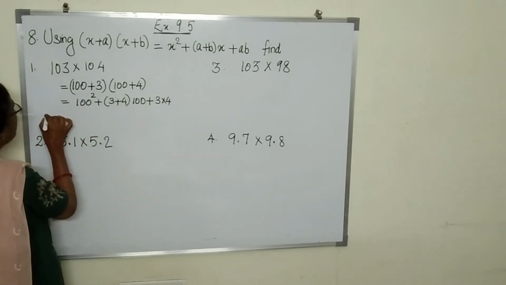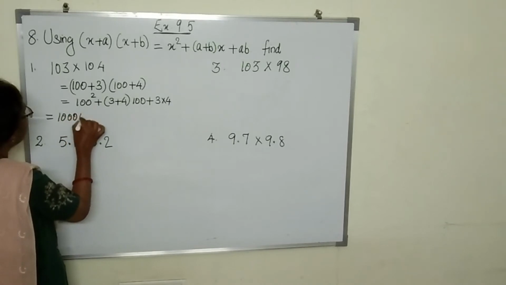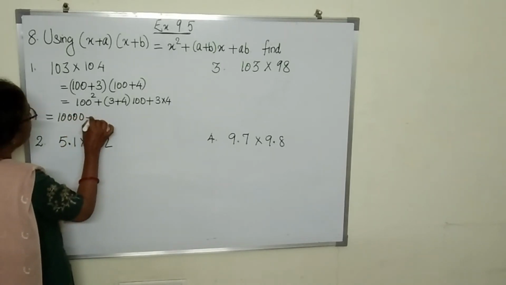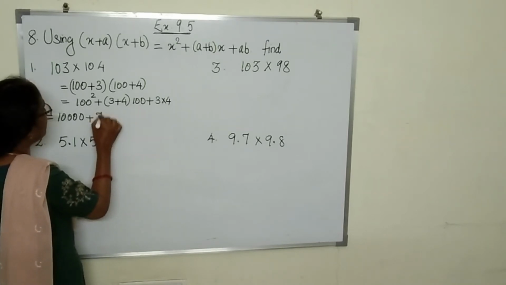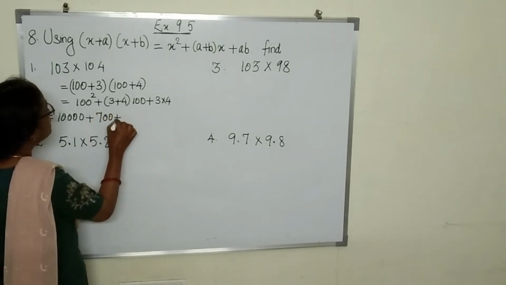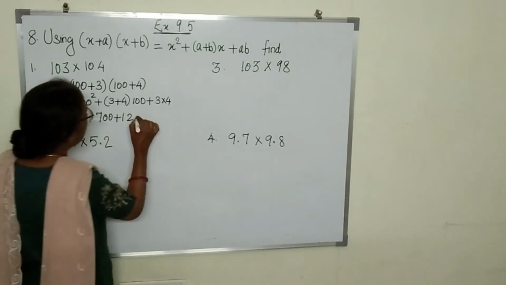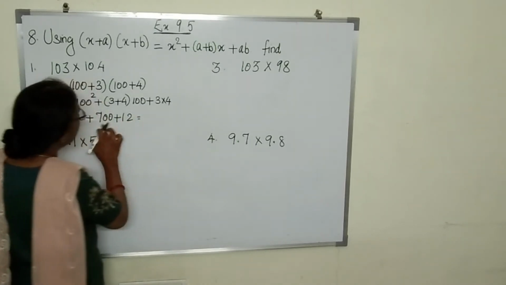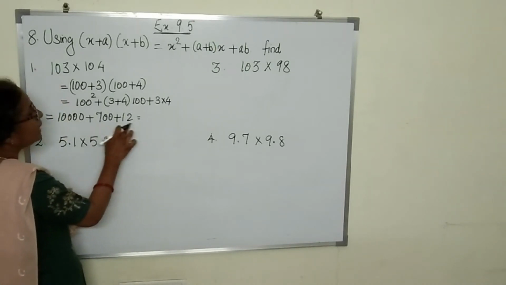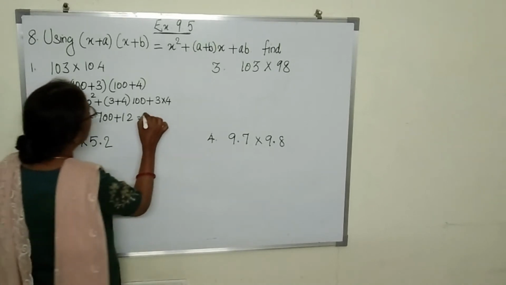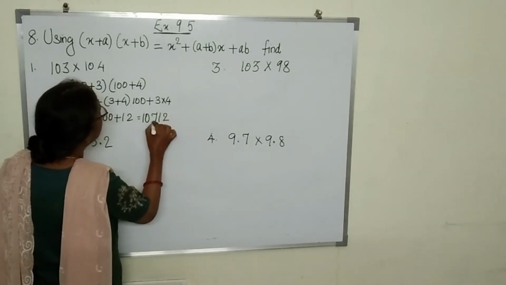When you multiply, we get 10,000 plus 3 plus 4, 7, so 700, plus 12. When you add, we get 10,712. So how will you write? 10,712.